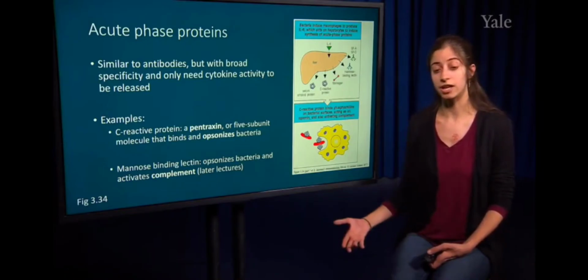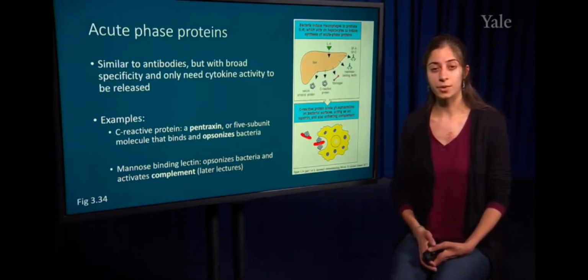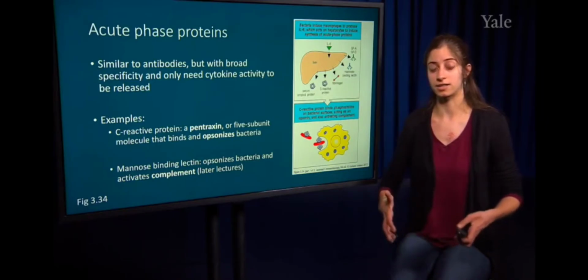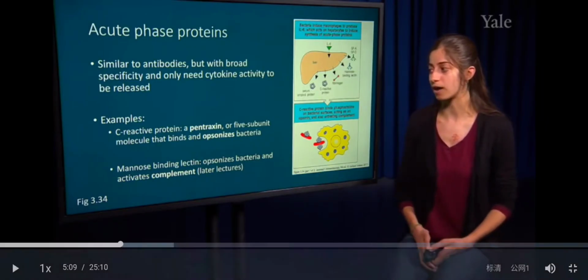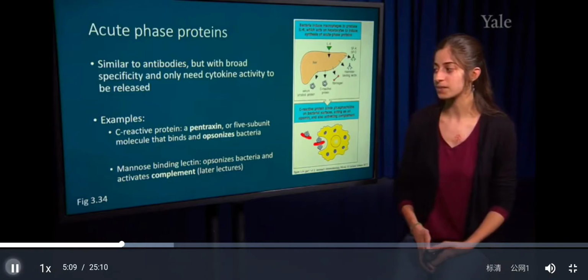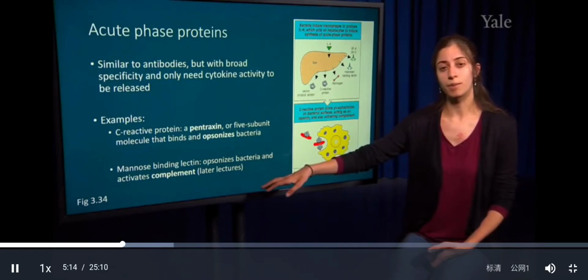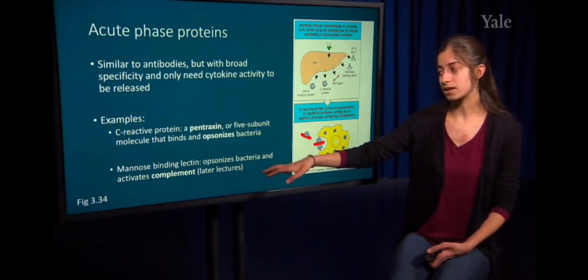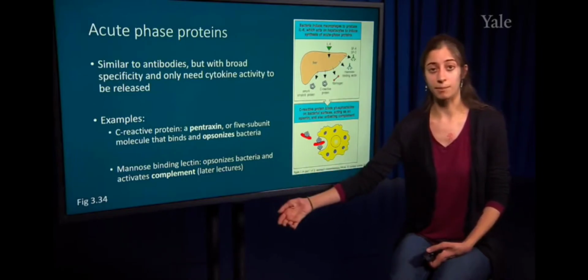Another protein produced by the liver when it's been induced to activate this acute phase response is mannose binding lectin. Mannose binding lectin is an important component in opsonizing bacteria and activating complement.